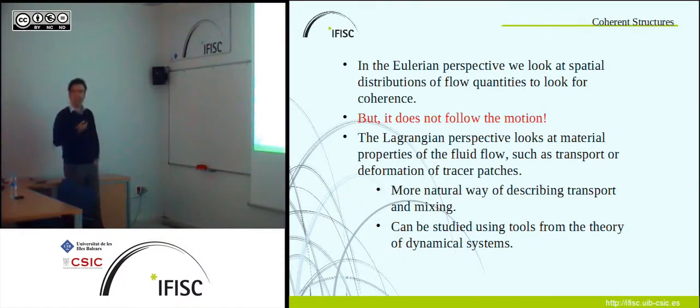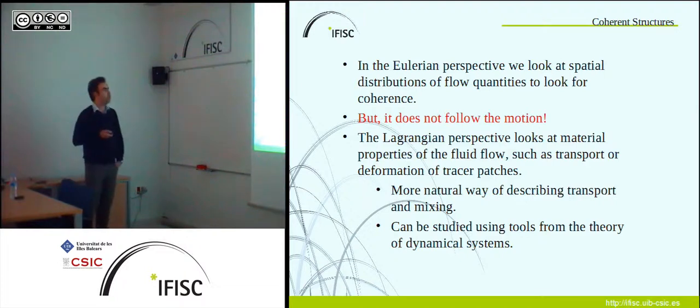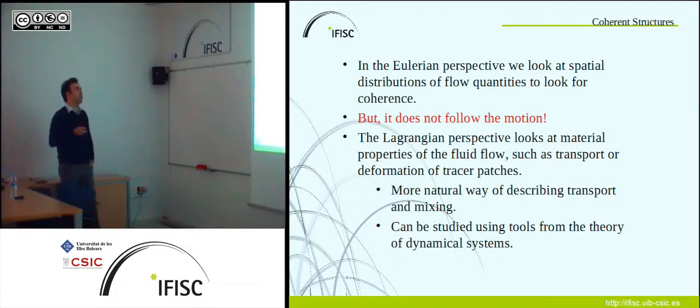However, the other perspective that we use to study fluid motion is the Lagrangian perspective. This perspective, yes, follows the motion, and it looks at the material properties of the flow, such as transport, particle trajectories, and deformation of the fluid material.